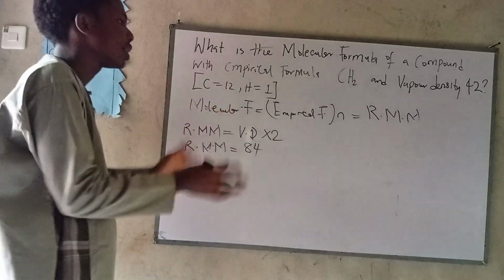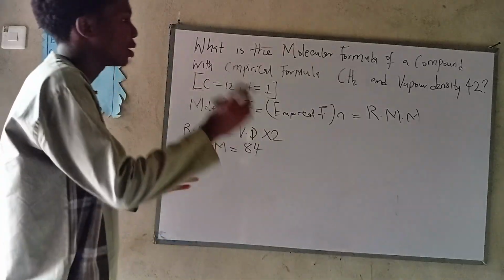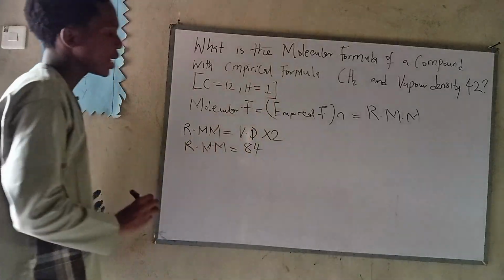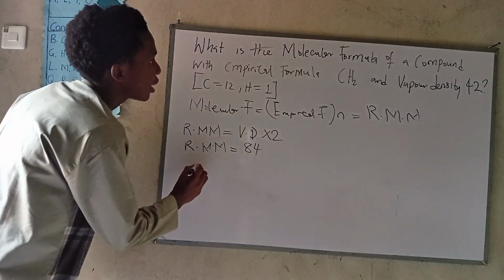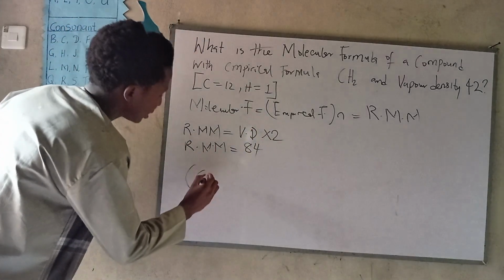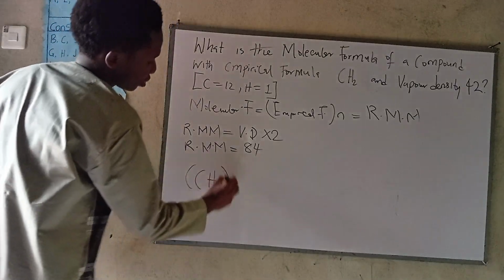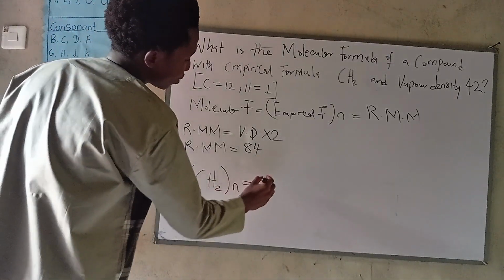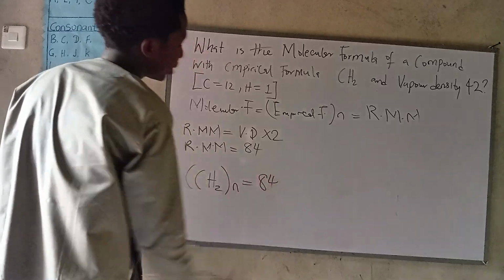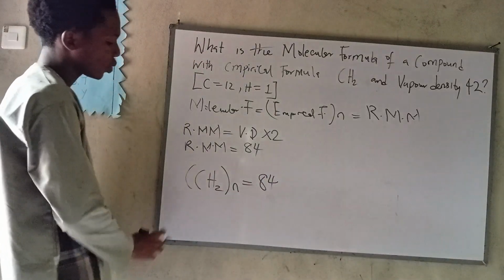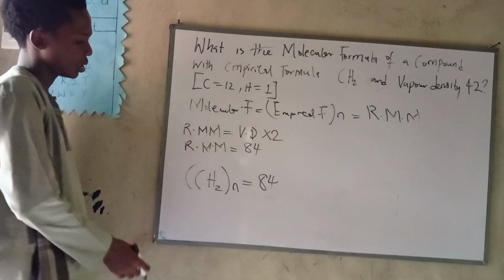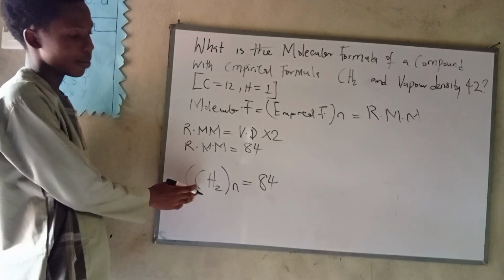We have to input it in this formula. So now let's write, looking for n. Now we are going to write the empirical formula out. Our empirical formula says (CH2)n equals our relative molecular mass. Now n will be what? We have to find the value for this. So carbon is only one carbon and hydrogen 2.